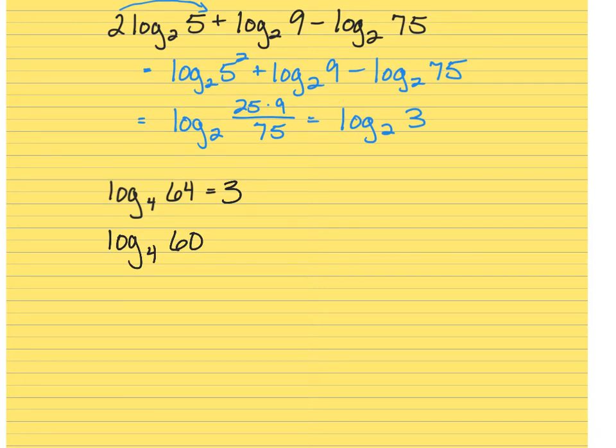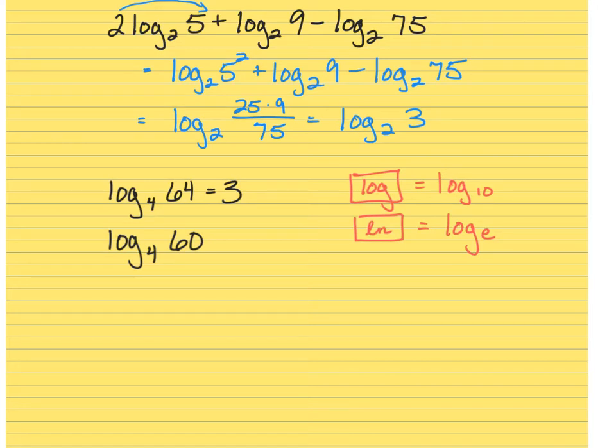But the first problem we have is our calculator only does 2 logs. Your calculator probably does not have a log base 4 button. Instead, you have just a log button, and that's log base 10. Or you will also have an ln button, and that's log base e, our natural base.